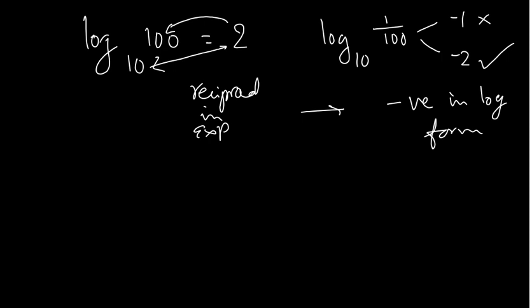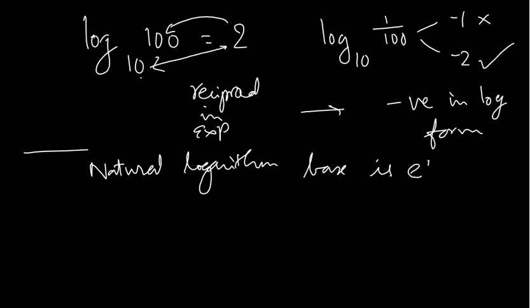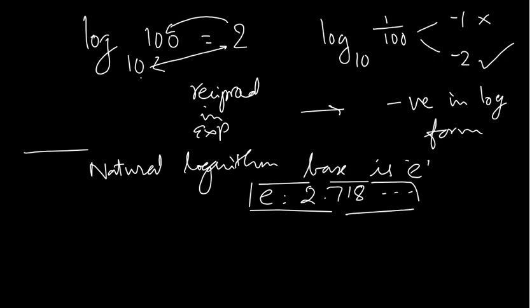Now another important thing is, as we said, base can be anything. There is something called a natural logarithm. That is when the base is e. E has a value of 2.718 or something like that. You do not need to bother about how they got this value. But when they don't mention anything, if they just write log x, this actually means log x to the base e.